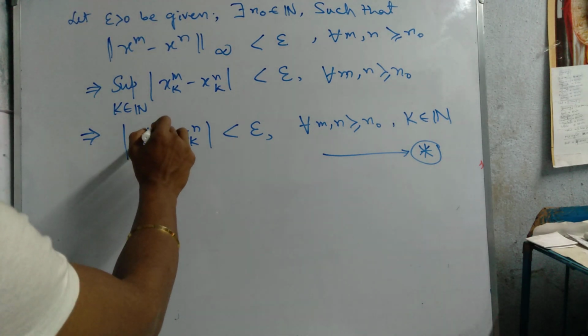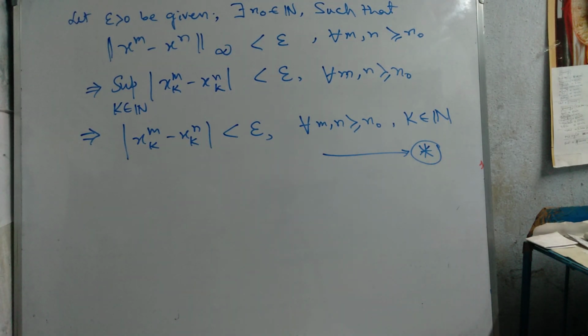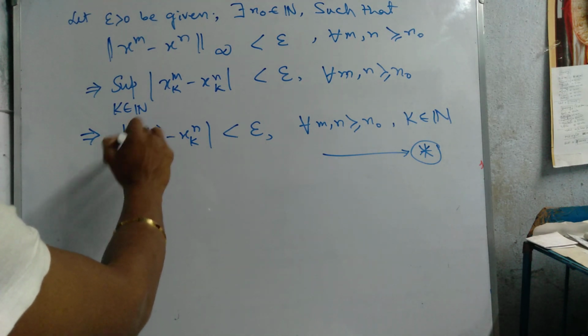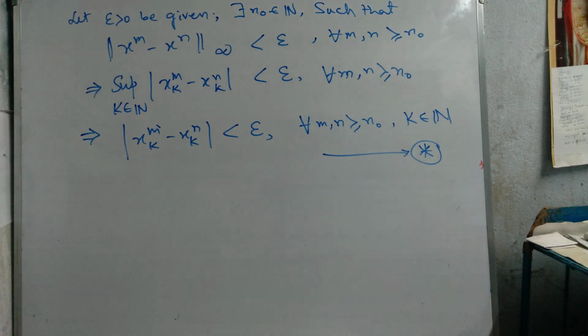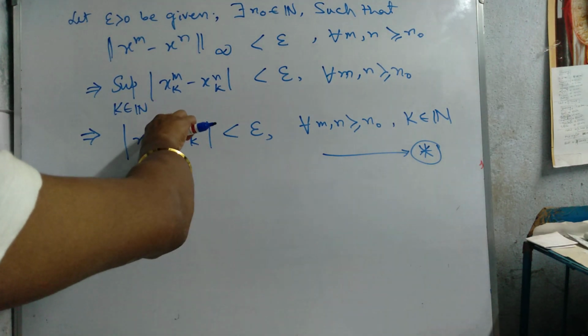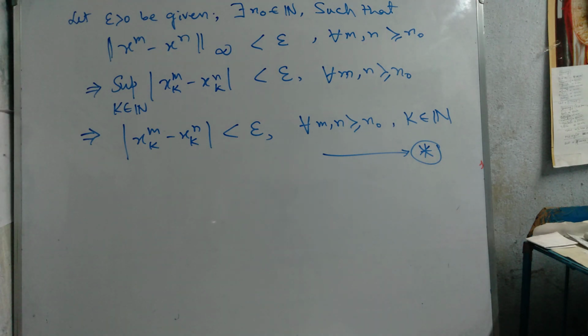Now for this one, obviously one suffix or suffix: xm means the m-th term of the sequence, and xk to the m means the k-th element of the m-th term of the sequence. There's a difference here: the k-th element of the n-th term of the sequence. This difference is less than epsilon for all m, n greater than or equal to n0 and k belongs to N.